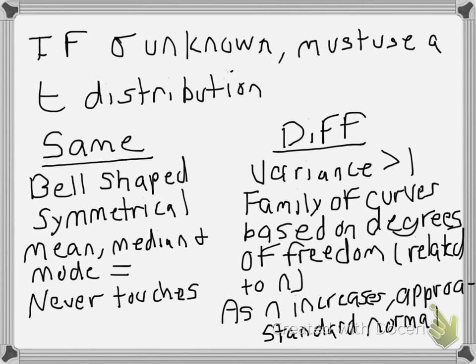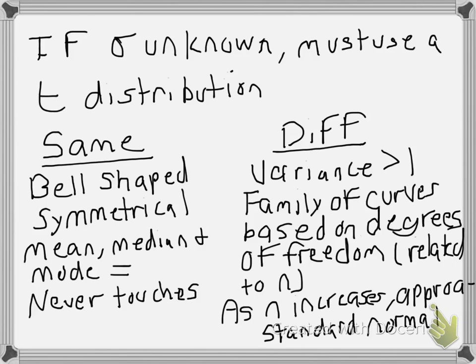That's the big key to this. If you pay attention to the video, you'll see that that's where we really need to be careful. And as n increases, as the sample size increases, it starts to approach the standard normal curve. All these families approach the standard normal curve.